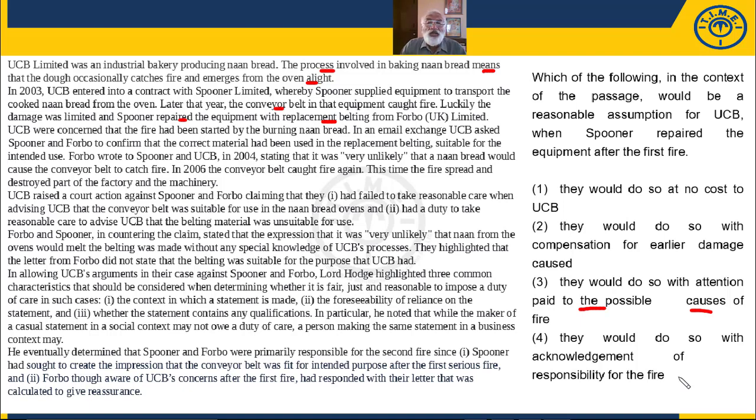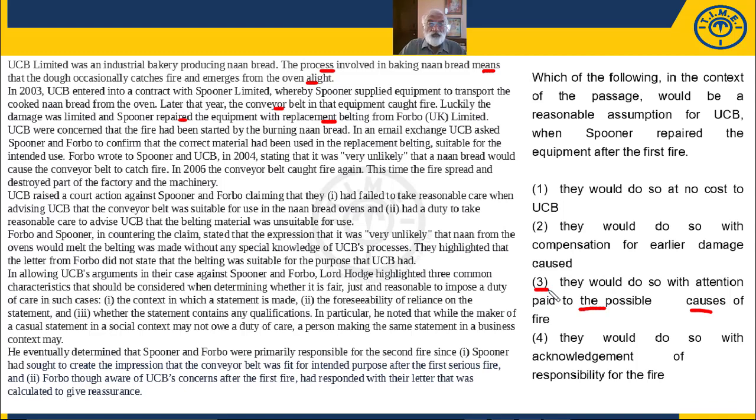So in repairing that belt, if you were UCB, you would normally assume that these guys would have looked at what was the problem that caused the fire, and whether this new belt we are putting in would also suffer the same problem. It's only after that that they would replace the belt. So they would have done so with attention paid to the possible cause of the fire, and therefore 3 is the answer to that question.